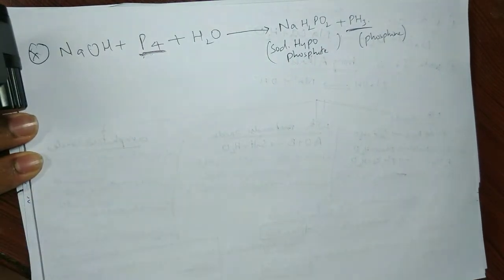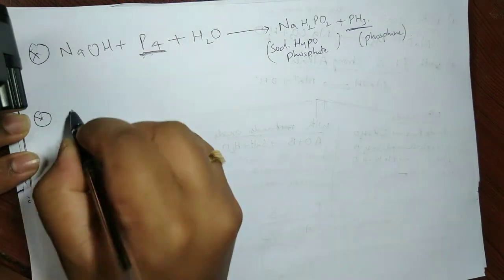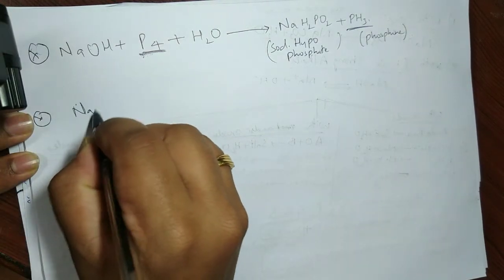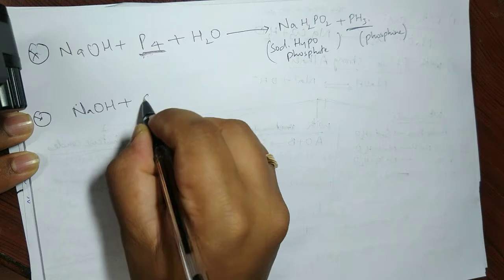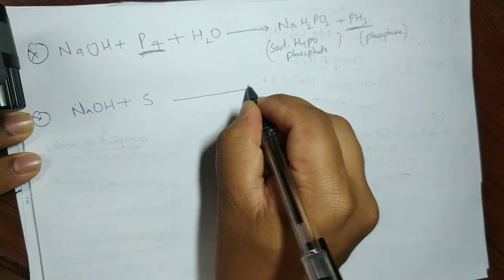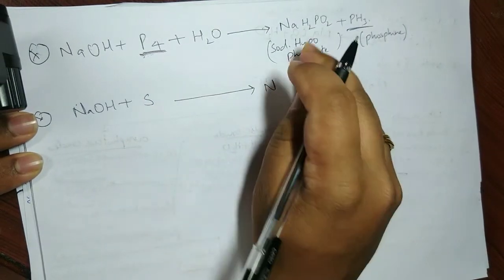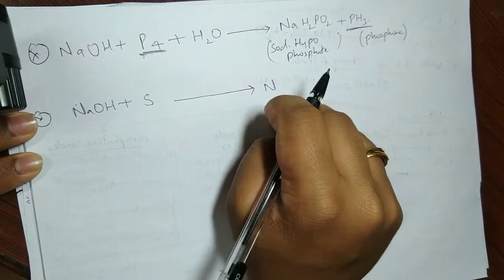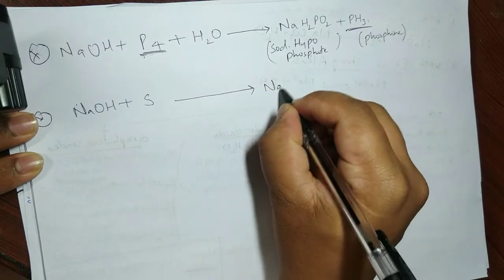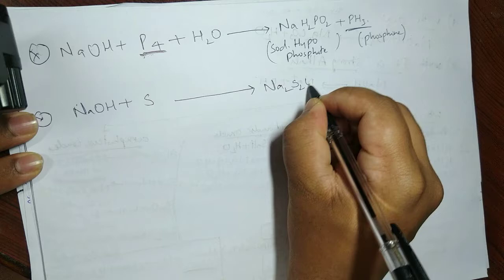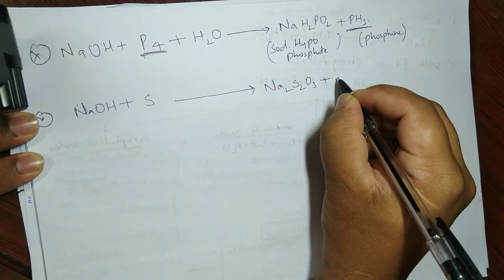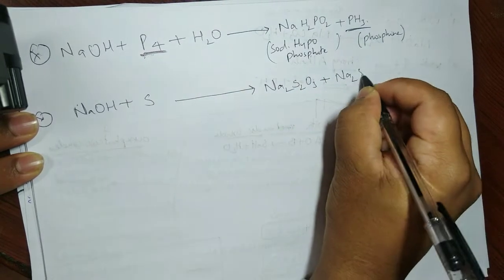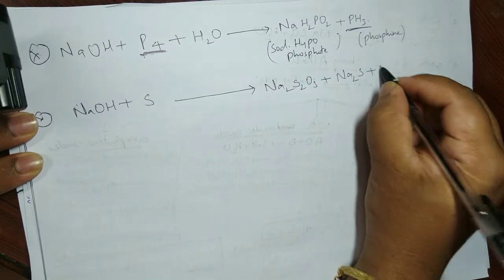Now with phosphorus also done, then with sulfur. So NaOH on treating with sulfur, not the same sodium hypophosphite, here we get thiosulfate, Na2S2O3 plus Na2S, sodium sulfide, plus water.